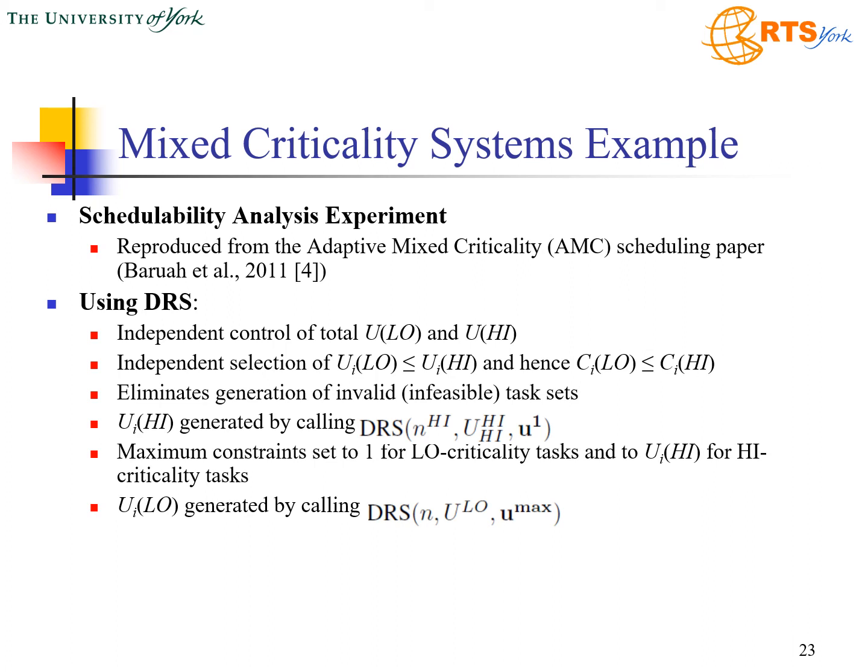It also allowed us to make independent selection of the low criticality utilization and high criticality utilization for each task, subject to the appropriate constraint. By doing so, we were able to eliminate the generation of all infeasible task sets.